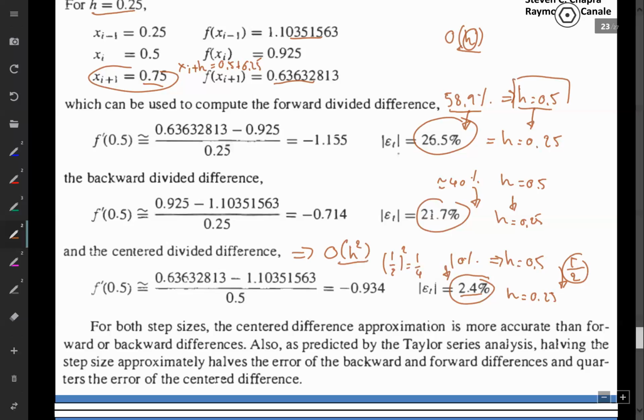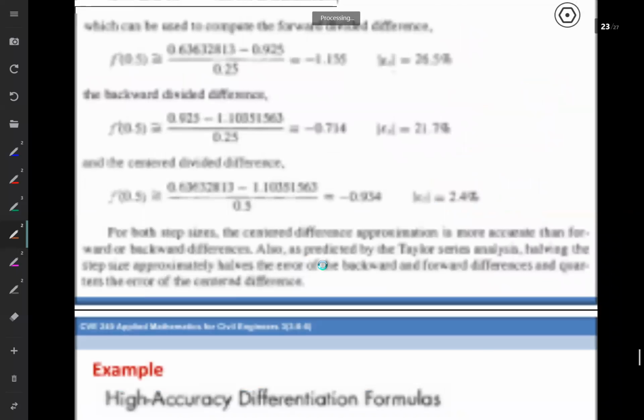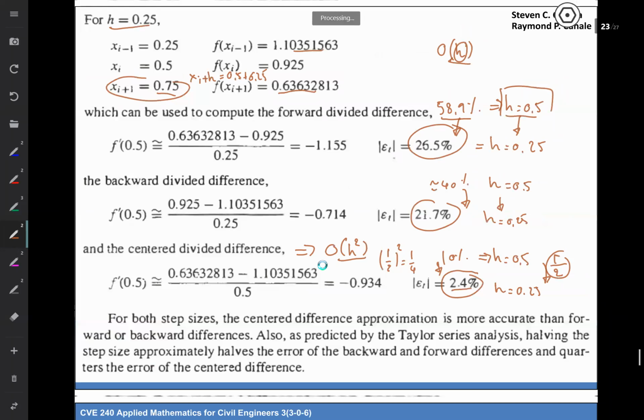It means that if you reduce the size of h linearly, the error of the forward and backward differences should be reduced in the same order. But the central difference decreases with the second order. Okay, so that's all for the finite difference.